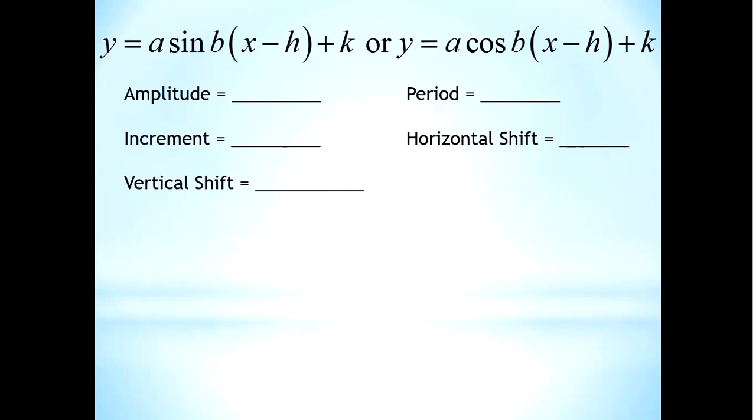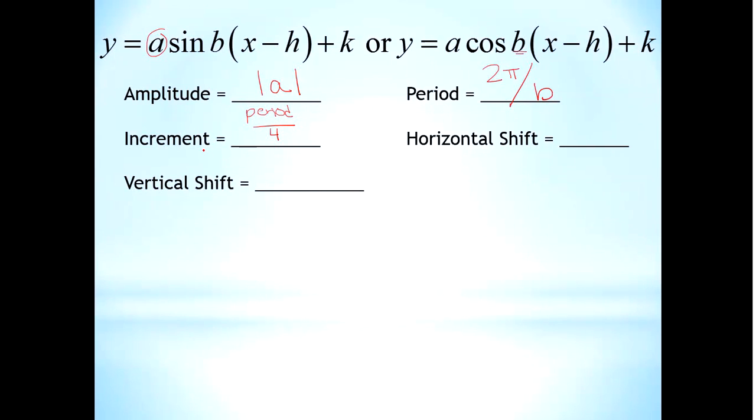You already have this down, so you probably don't need it, but in case, go ahead and write it. So your amplitude, remember guys, is your A value, the absolute value of A. Your period then is 2 pi, remember it's always 2 pi, divided by my B value, right here, 2 pi divided by B. Then my increment, remember, is period divided by 4.